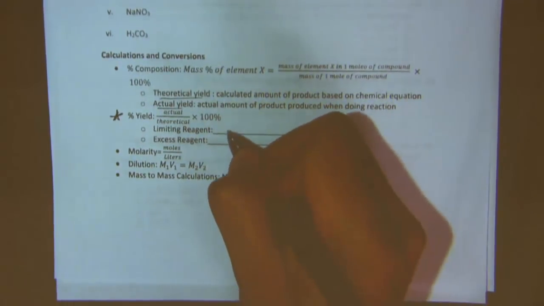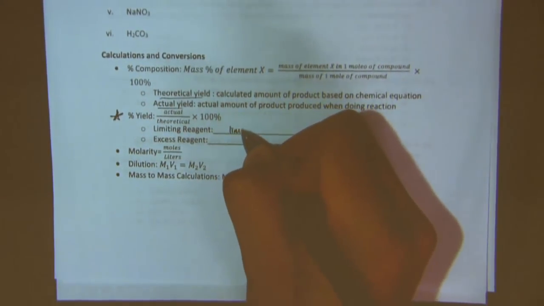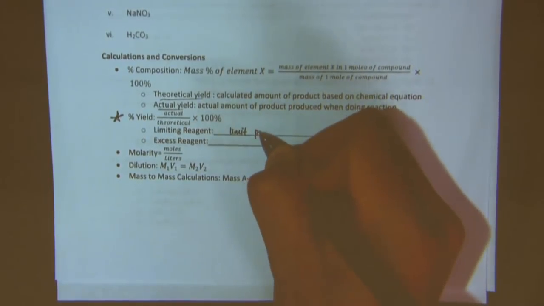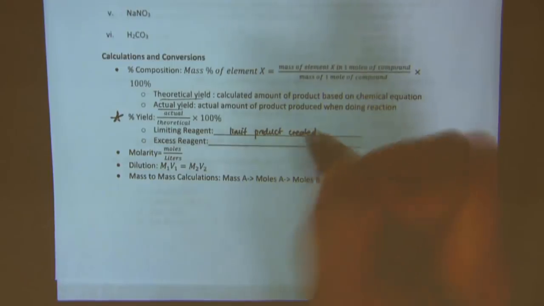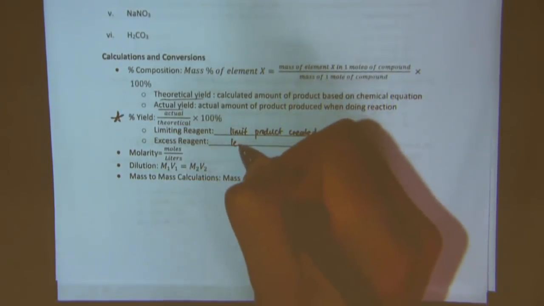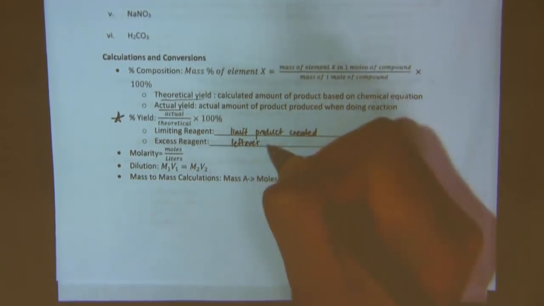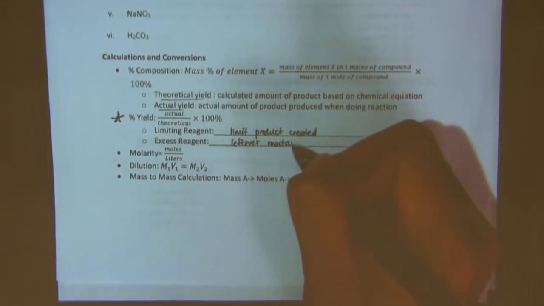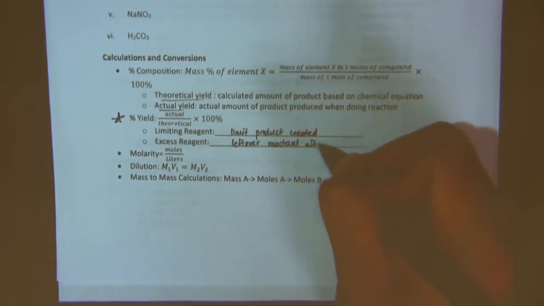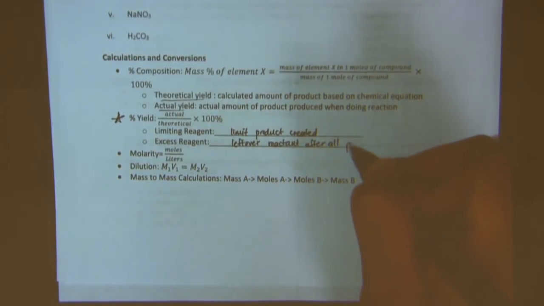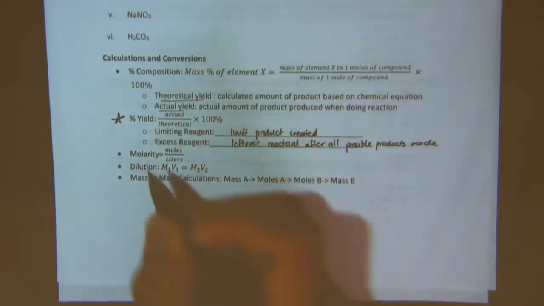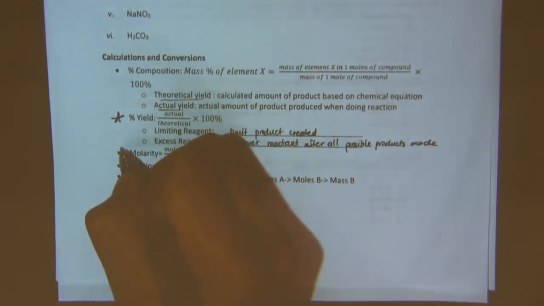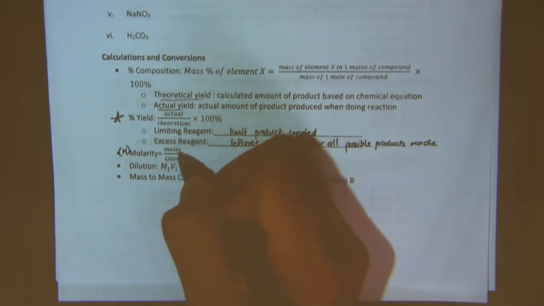And the limiting reagent is the one that, like it says, limits the product created. The excess reagent is the one that's left over. And we have the idea of molarity, which is given by capital M, which is moles over liters.